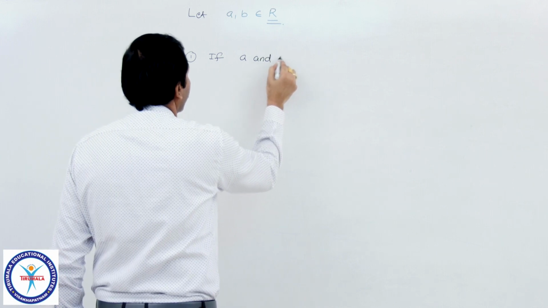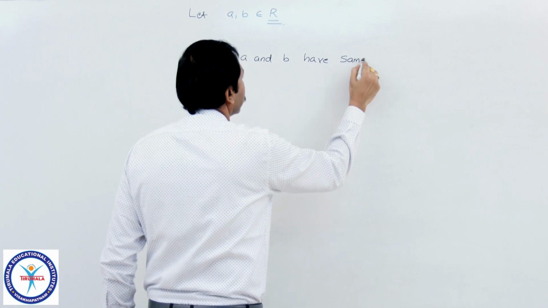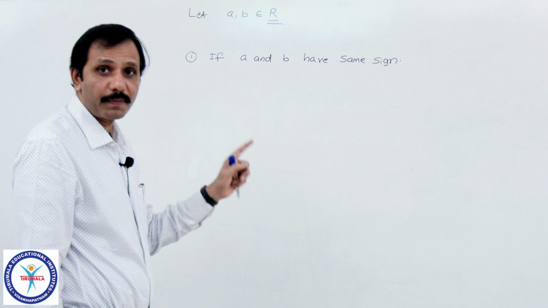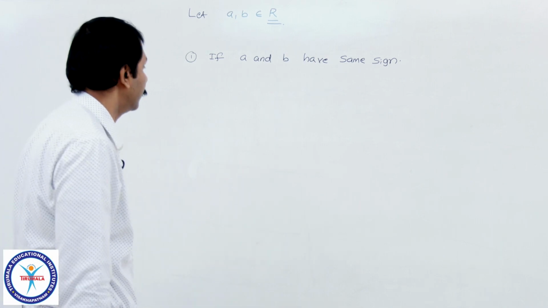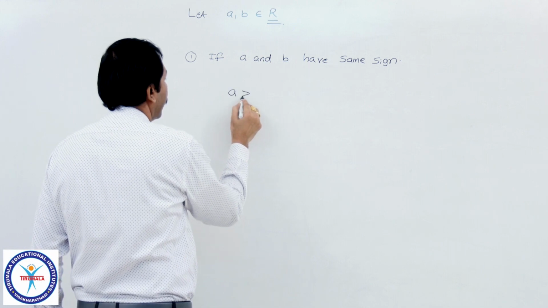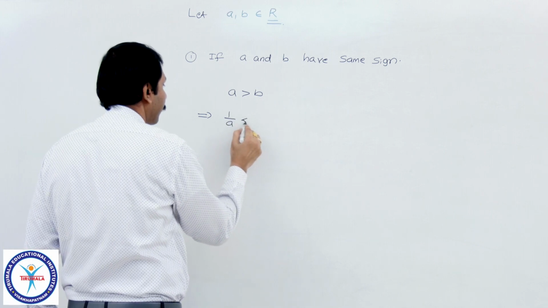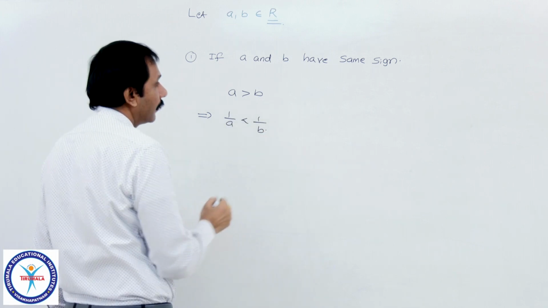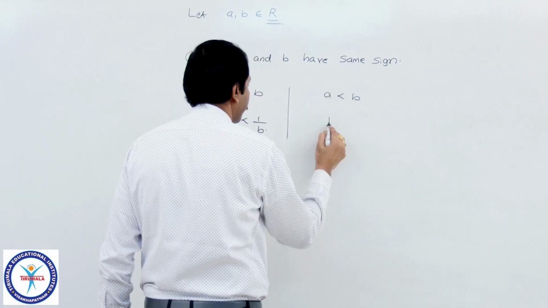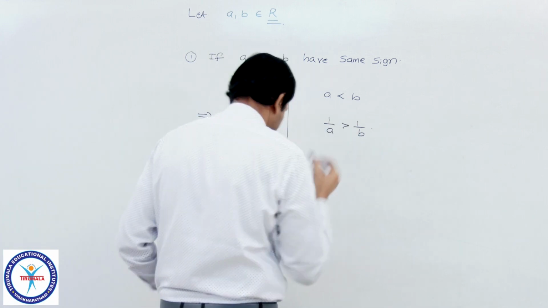If A and B have the same sign, that is, either both are positive or both are negative, then if A is greater than B and I take reciprocals, 1 by A will become less than 1 by B. Or if A is less than B, then 1 by A will become greater than 1 by B.